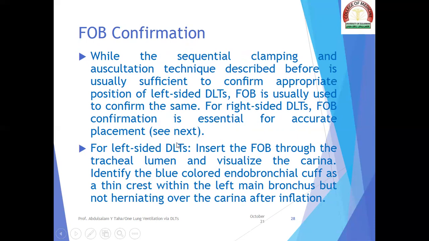For left-sided double lumen tubes, insert the fiber optic bronchoscope through the tracheal lumen and visualize the carina. Identify the blue-colored endobronchial cuff as a thin crest within the left main bronchus, but not herniating over the carina after inflation.